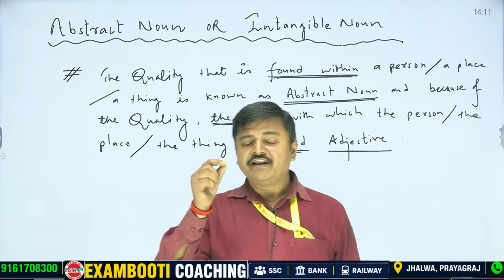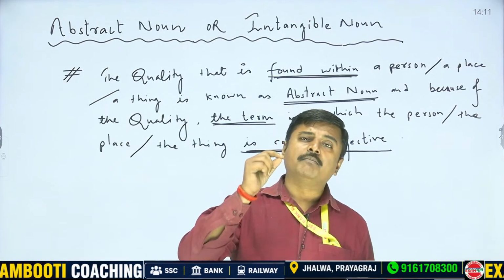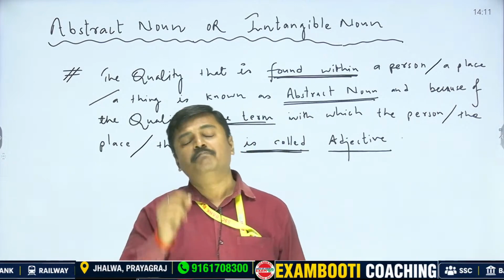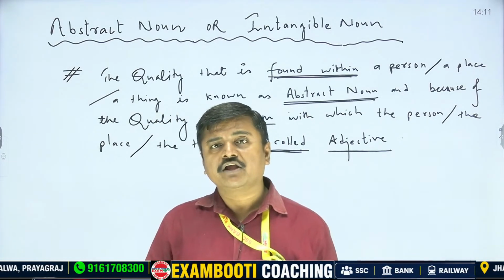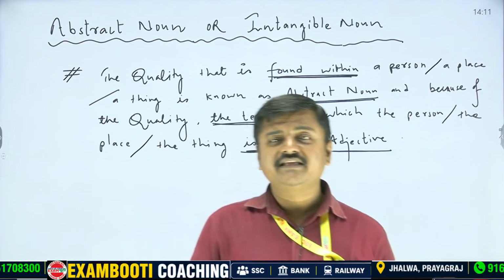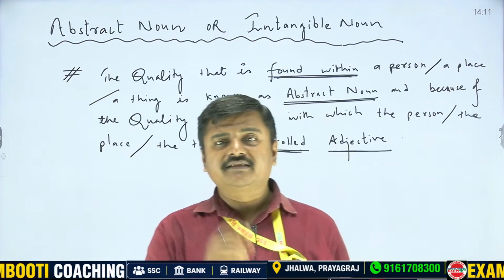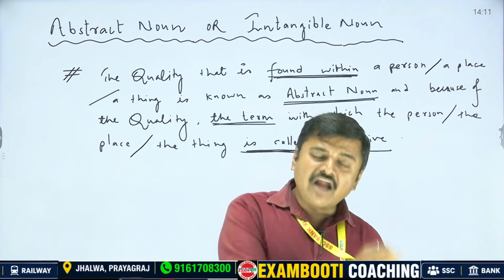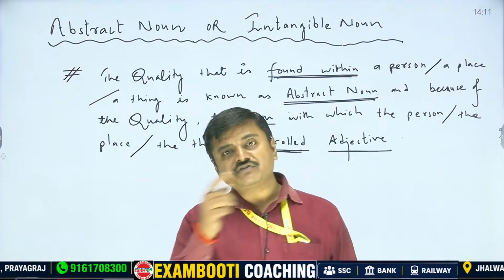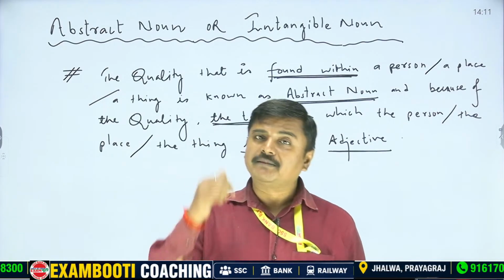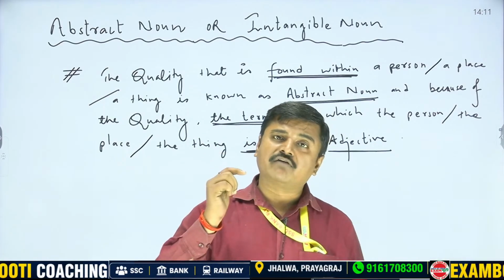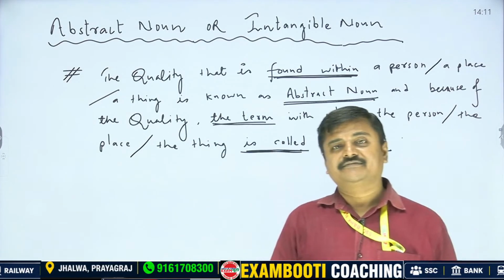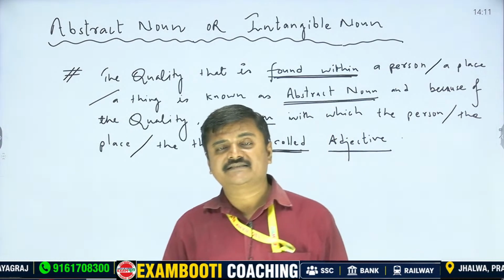So whenever we are talking about a quality that is within a person, within a place, or within a thing, it means the quality is an abstract noun. And because of the quality, what we call the person, what we call the thing, what we call the place is actually an adjective. This is the difference.